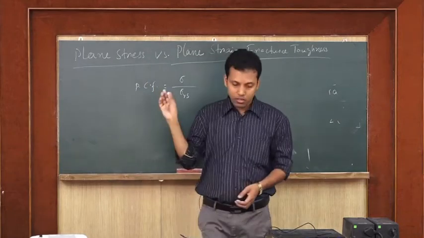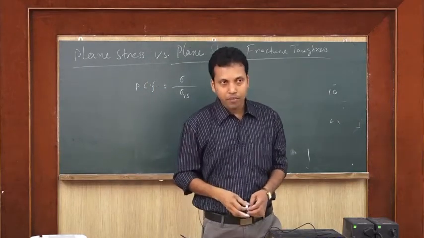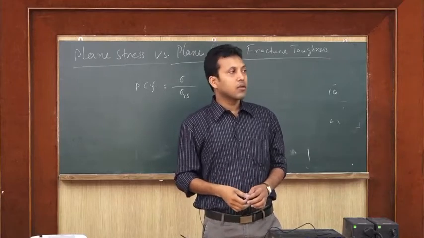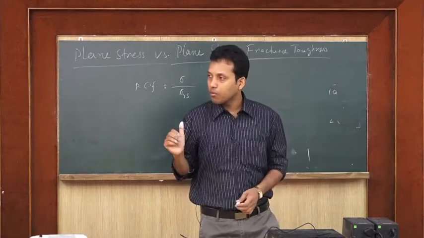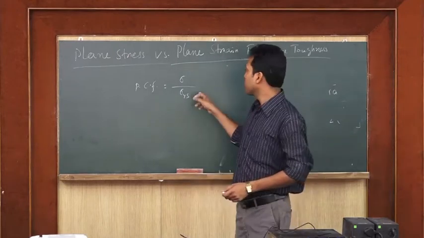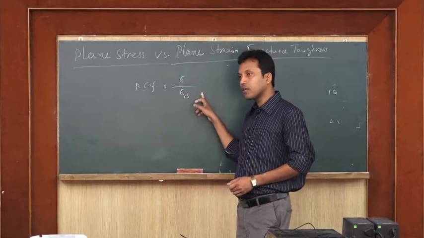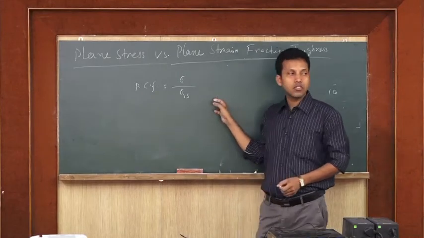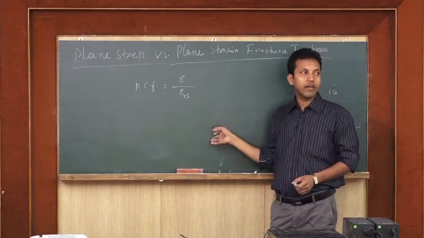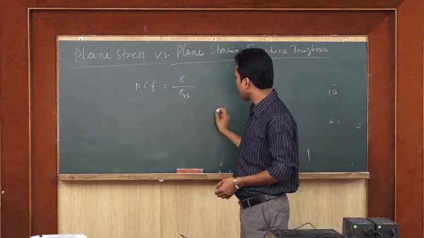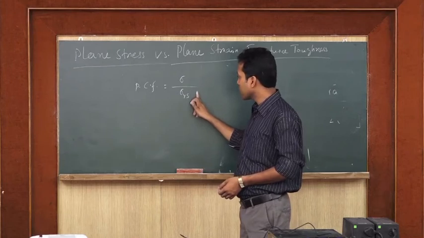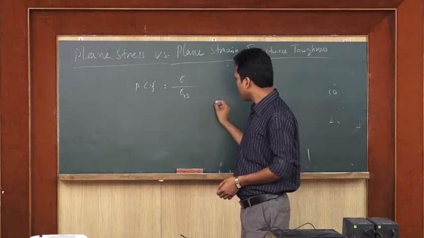Instead of sigma you can write sigma max, so sigma max by sigma ys during a loading operation. If you see Broek's book, you will find how this plastic constraint factor varies for plane stress and plane strain conditions, and that derivation is given. But here I will write only the final expression, that is for a plane stress condition.